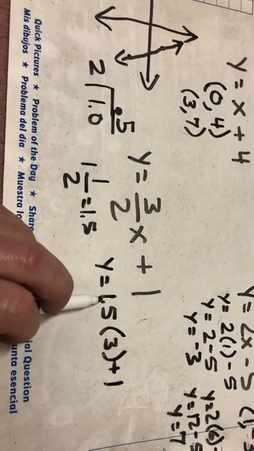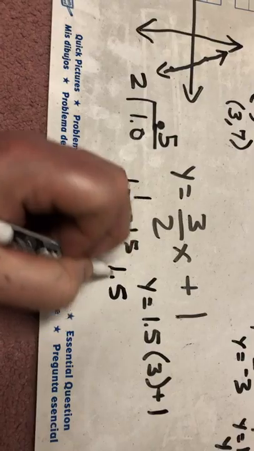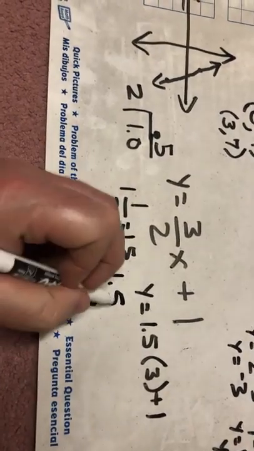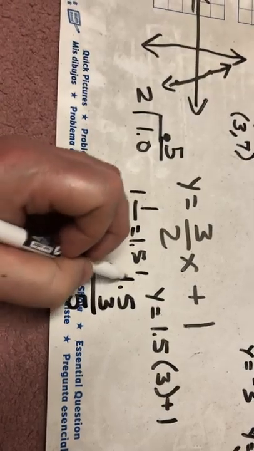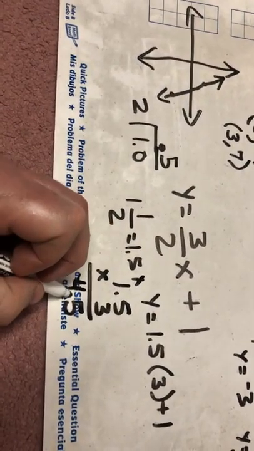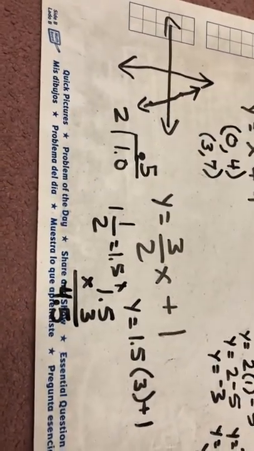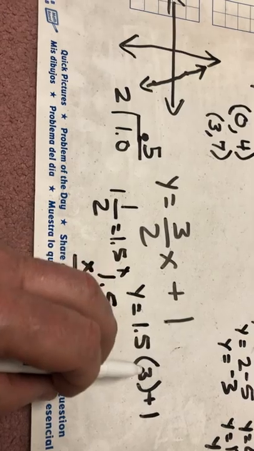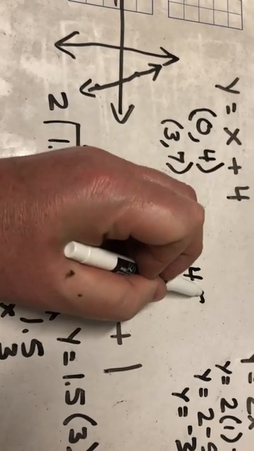So I've got to do 1.5 times 3. 3 times 5 is 15. Put the 5 down, carry the 1. 3 times 1 is 3, plus 1 is 4. There's 1 digit after the decimal in the problem, so there's 1 digit after the decimal in the answer. I get 4.5. So when x is 3, y is 4.5. So one of my ordered pairs is 3 and 4.5.